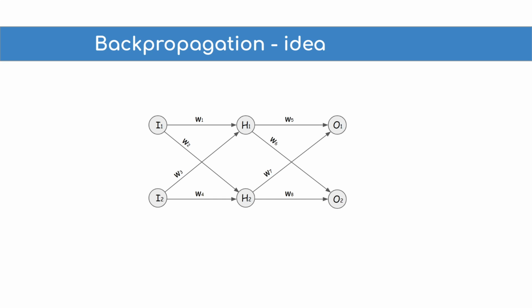Again, if we take the general idea of backpropagation, it's about first feeding forward the neural network. So we are realizing the prediction process, activating neurons in each layer, and calculating output values. And having those output values, we are calculating the error. Now, backpropagation starts from the very last layer.